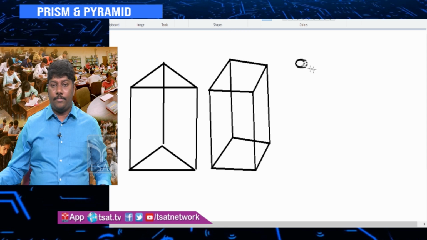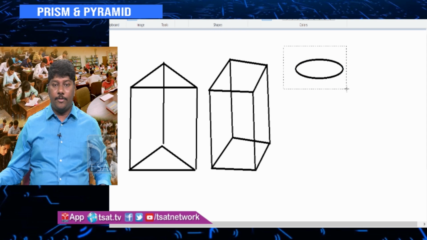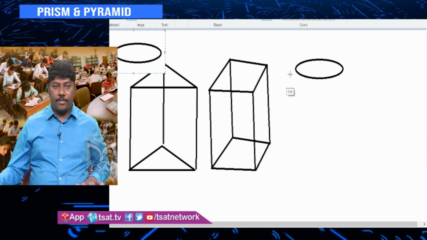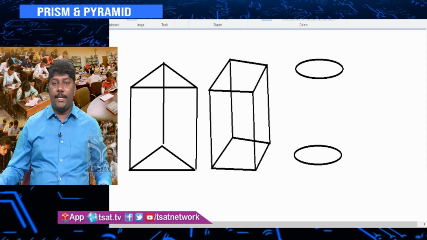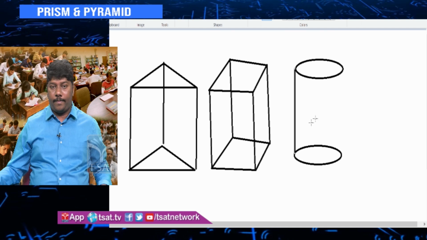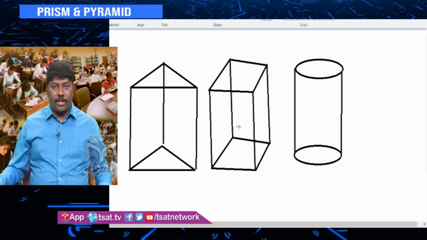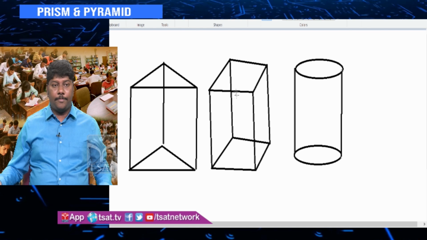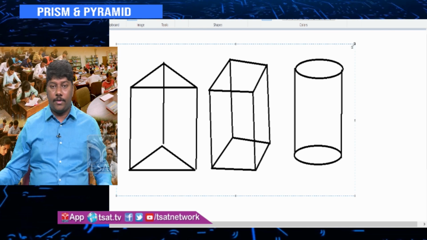If I take a circle, both up and down surfaces are circles, you call it a circular prism. A circular prism is also called a cylinder. So this is a rectilinear figure, both ends are n-sided polygons, connected by rectangular surfaces.